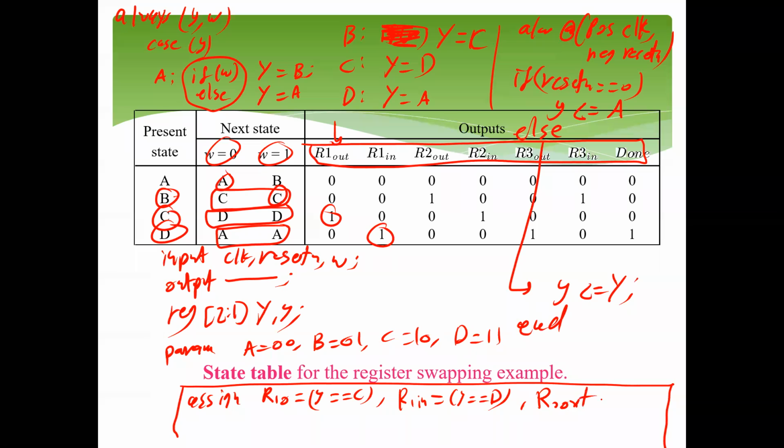Let's do R2 out, and then we can stop here. So R2 out equals current state of B, so that's y equal to B.